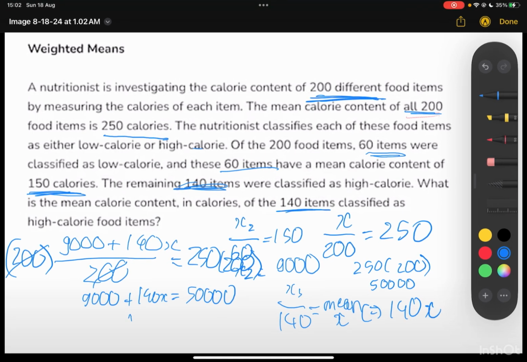So 140x equals 50,000 minus 9,000. We're going to have 41,000. Divide that by 140. We're going to have the answer of x equals 292.86. So that's going to be the mean calorie content for 140 items classified as high calorie food items.